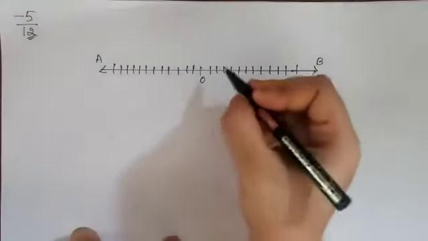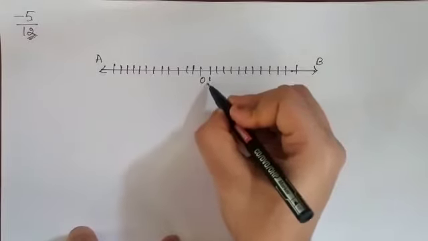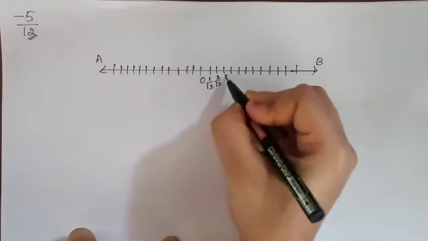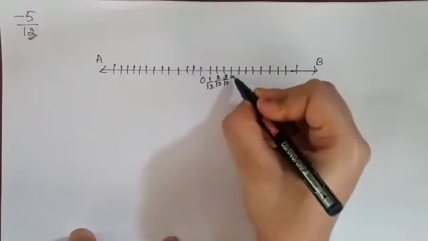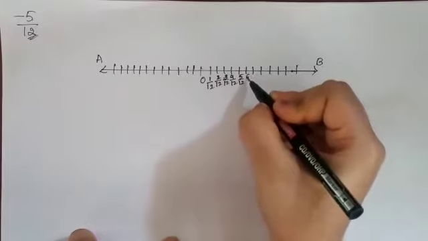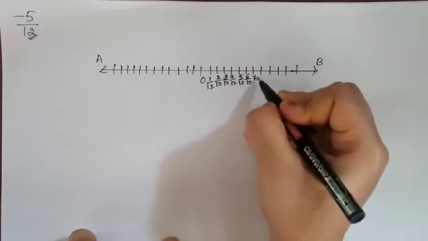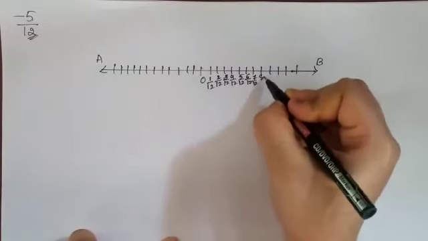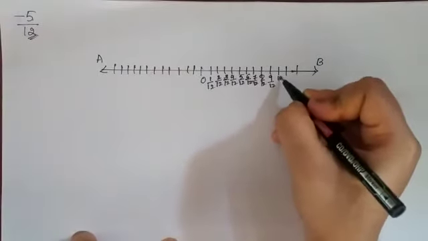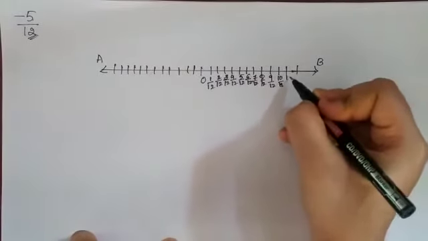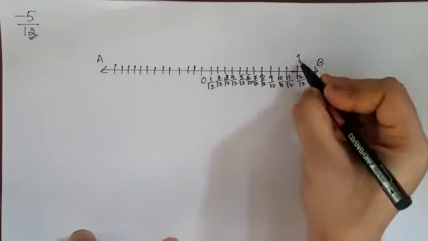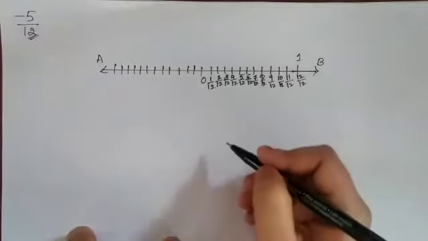Now represent it. This first line represents 1 by 12. Second one 2 by 12. 3 by 12. 4 divided by 12. 5 divided by 12. 6 divided by 12. 7 by 12. This one 8 by 12. 9 by 12. 10 by 12. 11 by 12 and 12 divided by 12. 12 divided by 12 you can tell as 1.